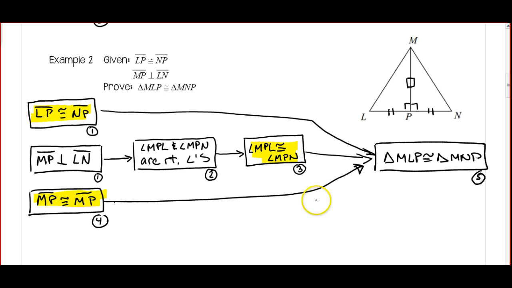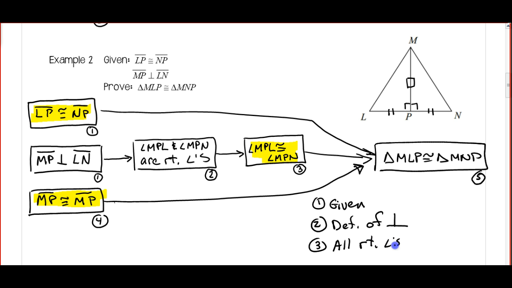Okay, so let's go ahead and fill in our reasons. I got 1, that was all given information. And then number 2, that was definition of perpendicular. And then number 3 was because all right angles are congruent. These are right angles, therefore they're congruent. So all right angles are congruent.